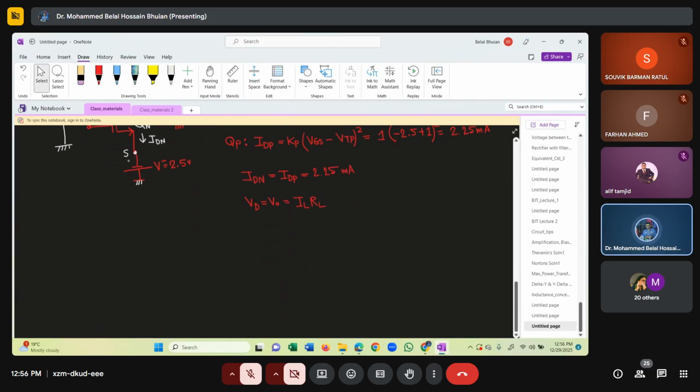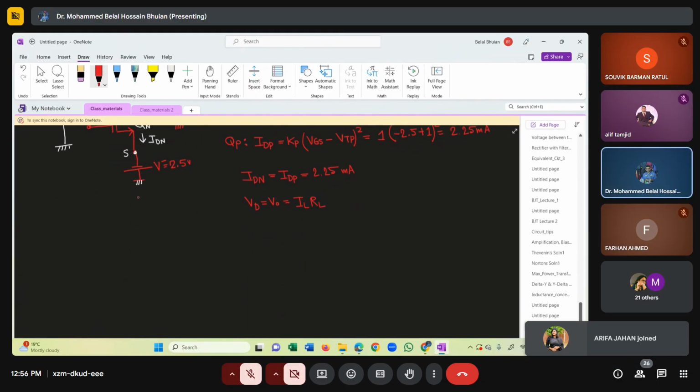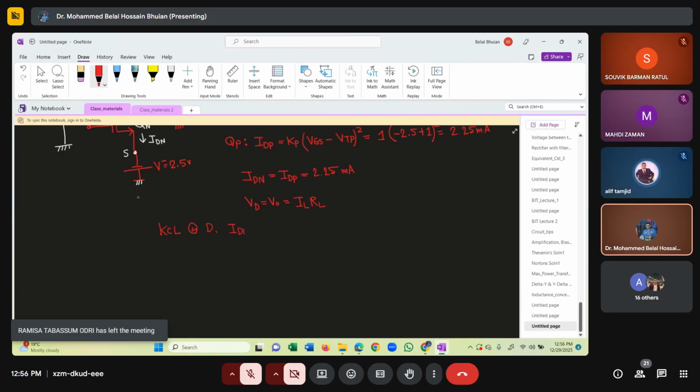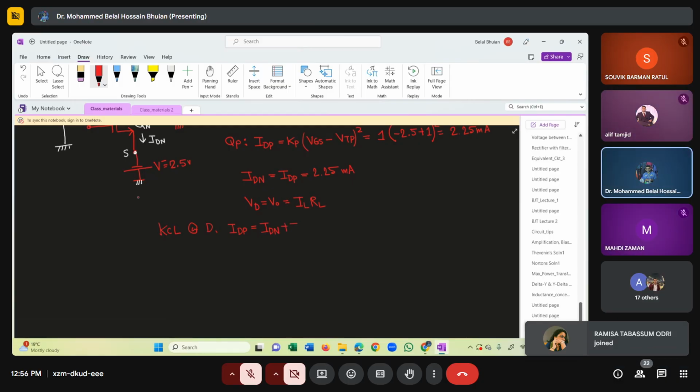So we can write, applying KCL at D, IDP, which is the incoming current, equals IDN, which is the outgoing current, plus IL. Now you already know IDN and IDP are the same. So IDP and IDN get cancelled out.